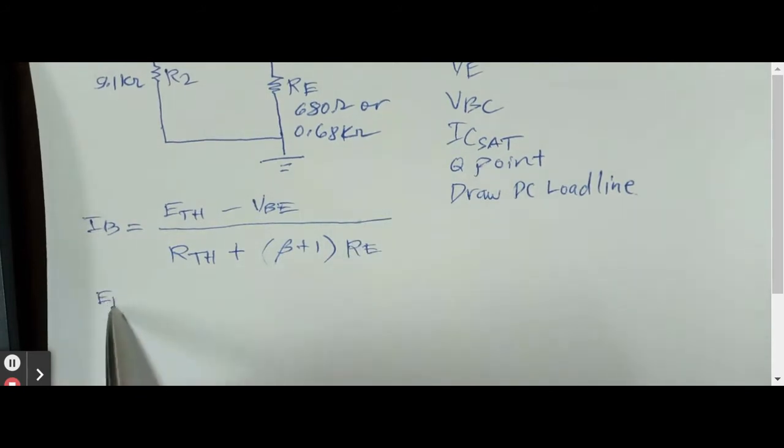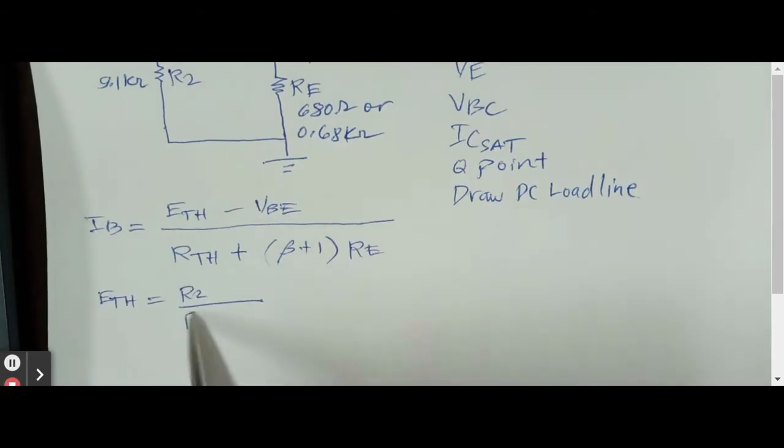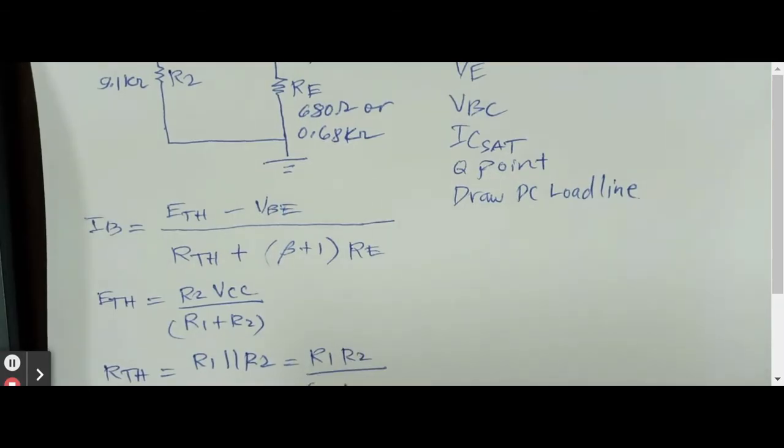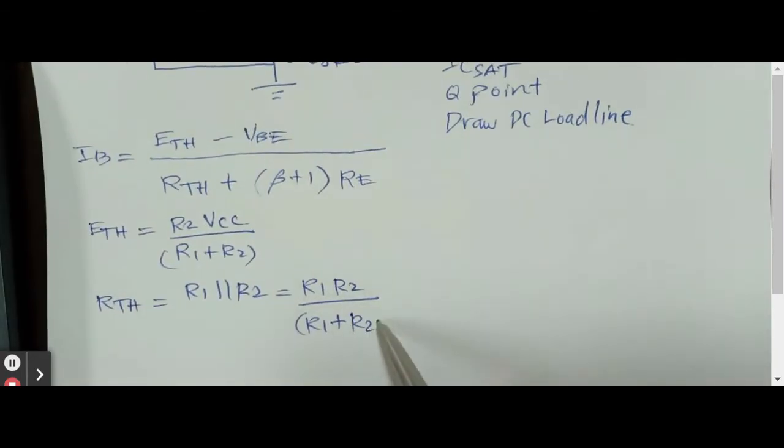Now the ETH is equal to R2 over R1 plus R2. Multiply this to VCC. For RTH, we will get the parallel of R1 and R2. So that will be R1 R2 divided by R1 plus R2.